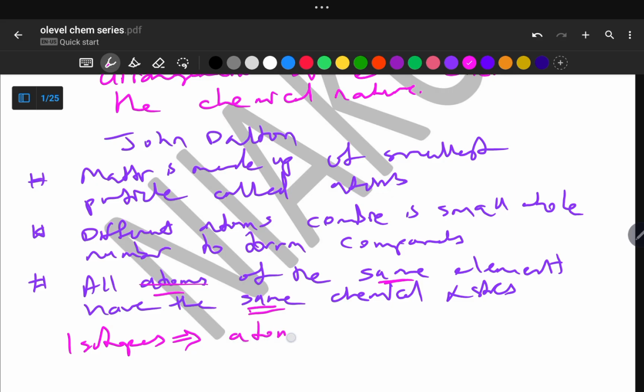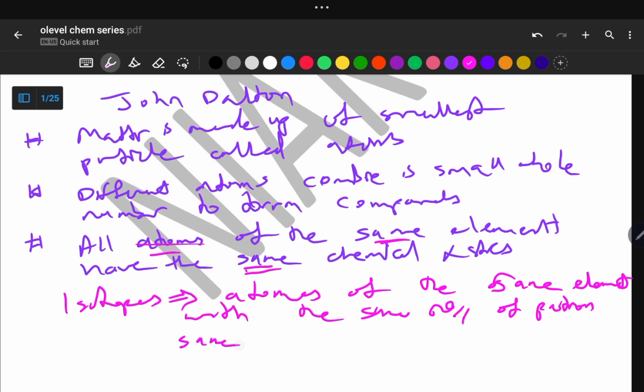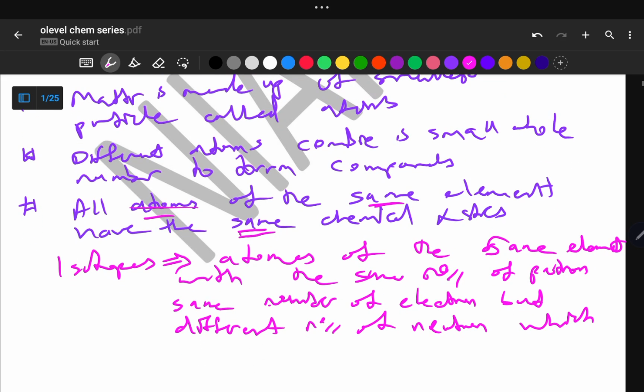Isotopes are defined as atoms of the same element with the same number of protons, same number of electrons, but different number of neutrons, which will result in different mass numbers.